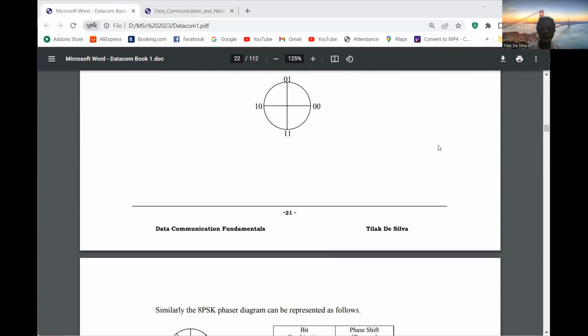A question asked: should a phaser diagram always complete the circle? Can it stop at a half circle? If you represent one cycle, it will be one circle. If you represent a half cycle, it is a half circle. Okay, I think I answered your question.